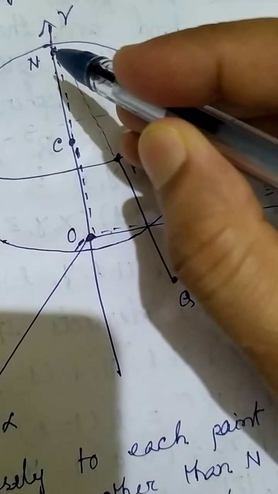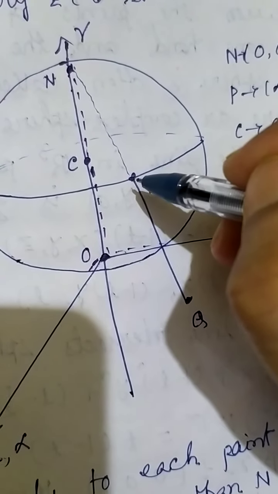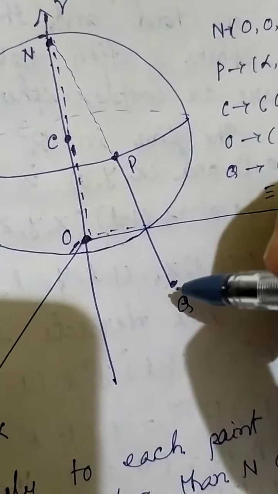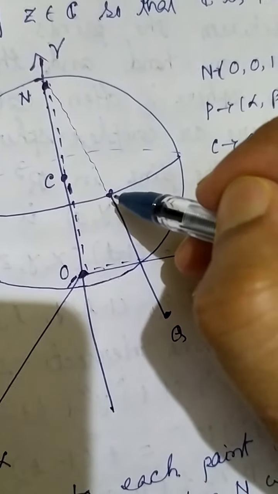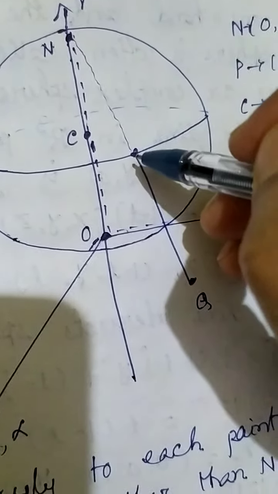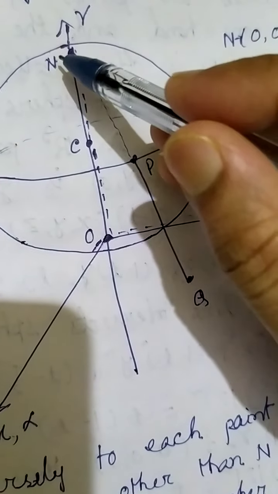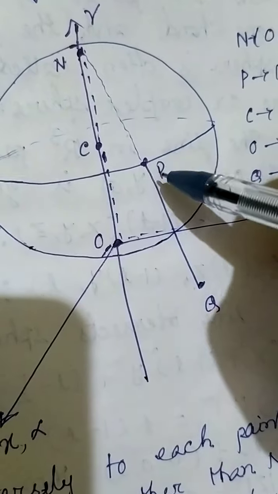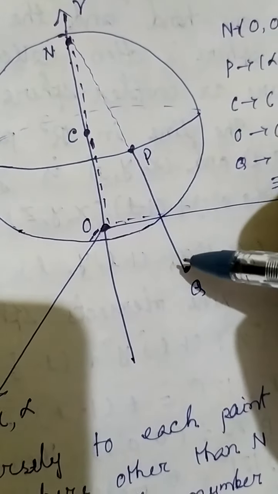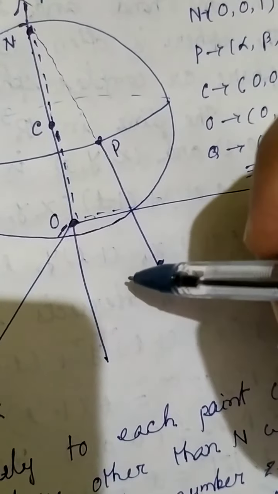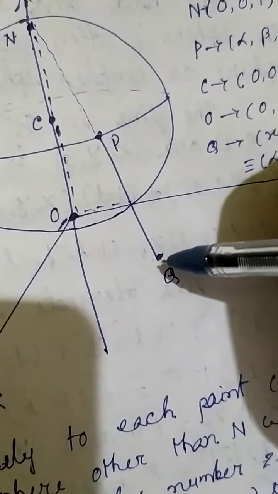If I join N and Q, then it will intersect the sphere at the point P. So for any point in the z plane, we have a corresponding point P on the sphere. Similarly, if I consider a point P on the sphere, then join NP and extend it, and it will meet this xy plane, that is the alpha-beta plane, at the point Q.